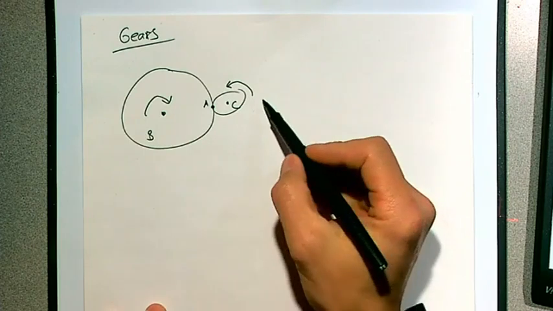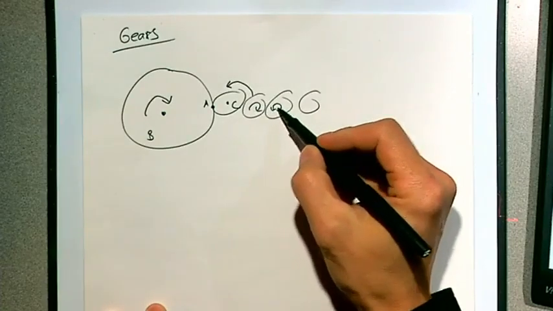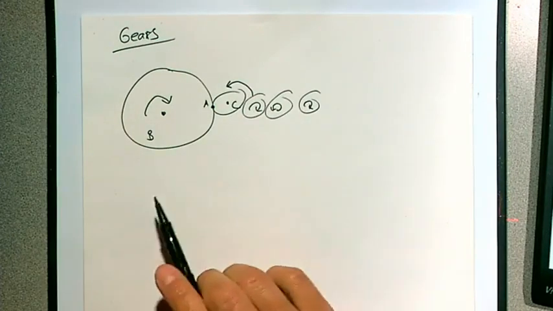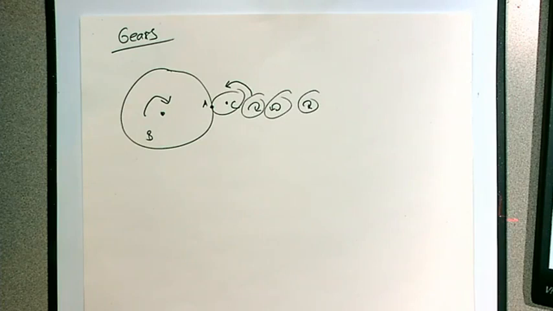You could just keep drawing them if you wanted, always alternating. But we're going to just look at these two for now. What we want to do is relate the angular velocity of one gear with the angular velocity of the gear that it's attached to.